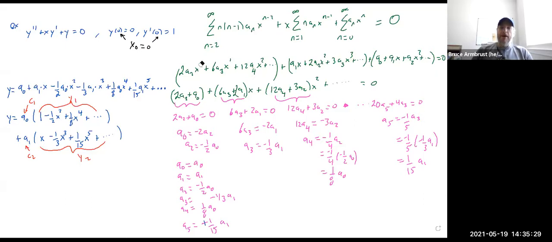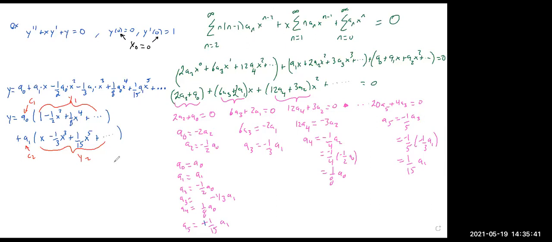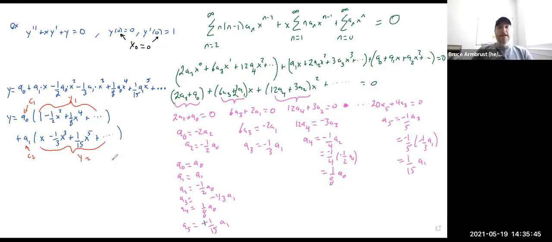Because here's the deal. Remember how we chose to center it at 0? Look at what happens when you plug in 0. What happens in these things when you plug in 0? The first one you get 1, and then the second one you get 0. Everything that's x to a power is going to be 0.